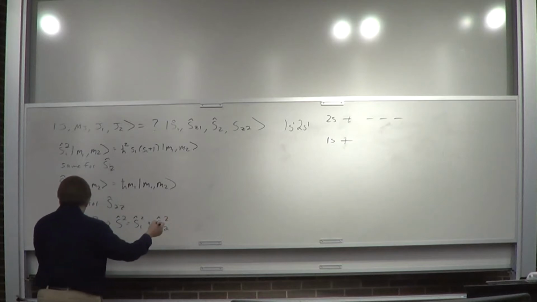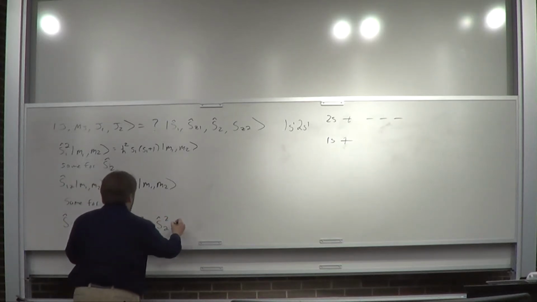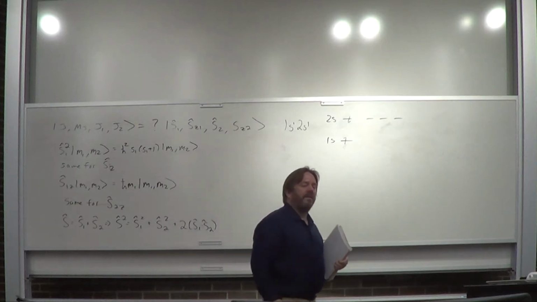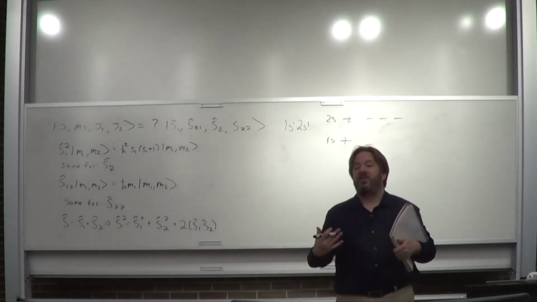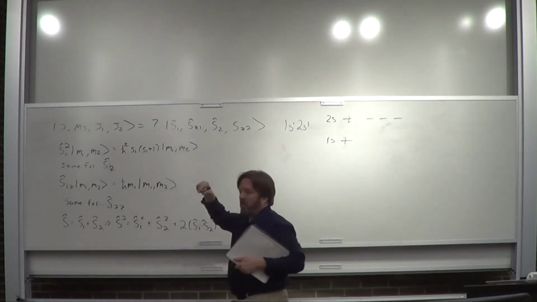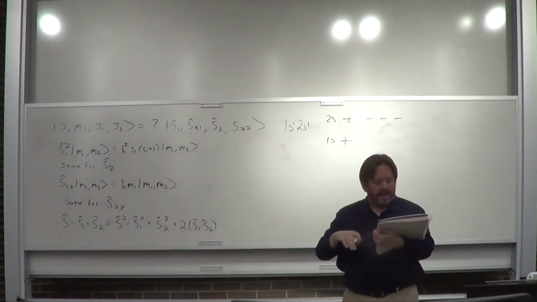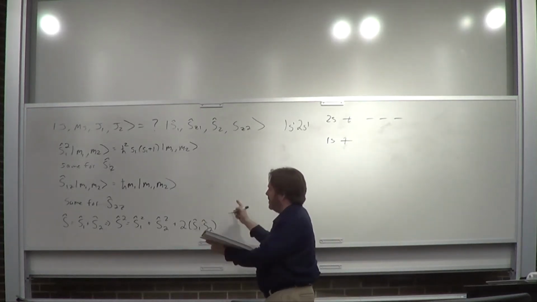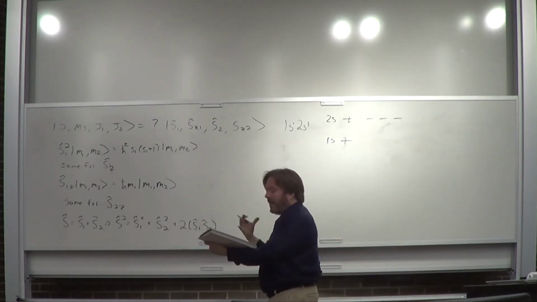That's brainless. But the problem is that you also have 2 S1 dot S2. That's the source of coupling, and that's why we have this giant problem of knowing this but it's not actually useful. I'll explain a little bit more at the end why it's not useful.